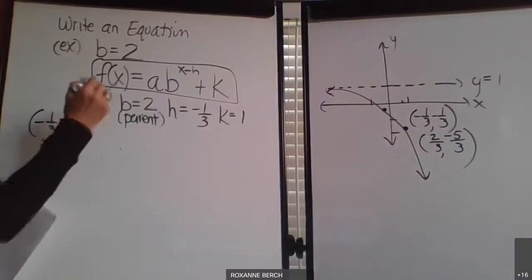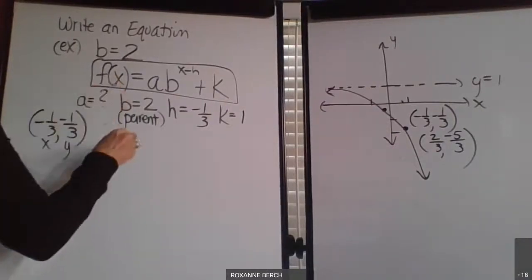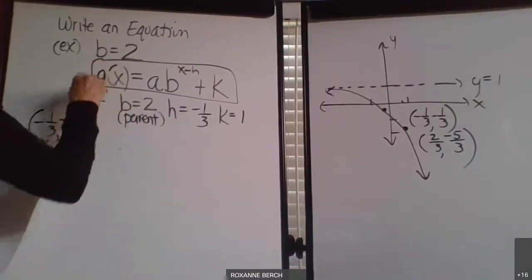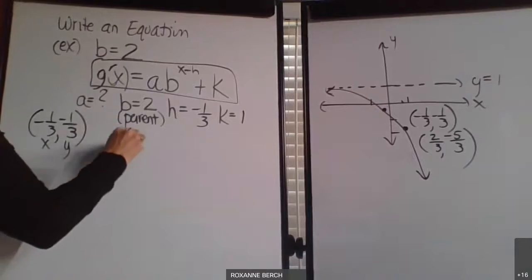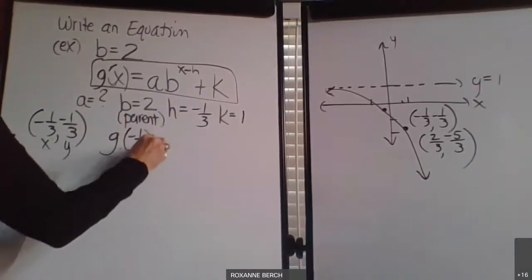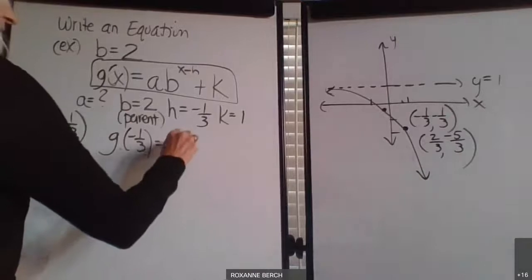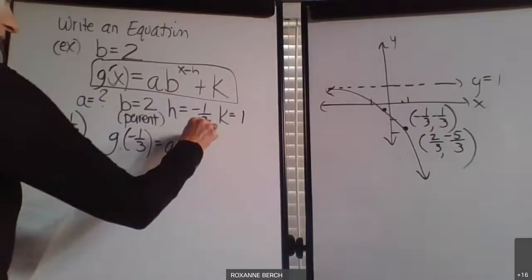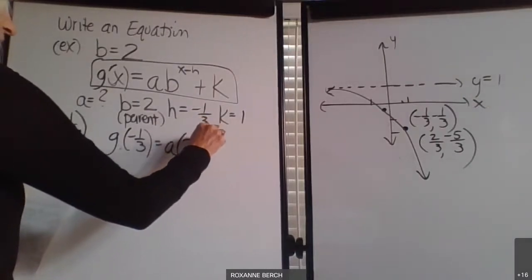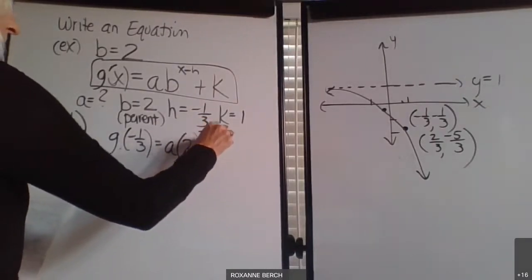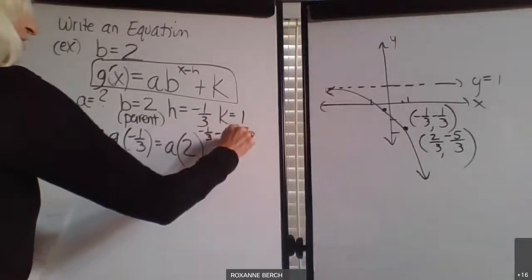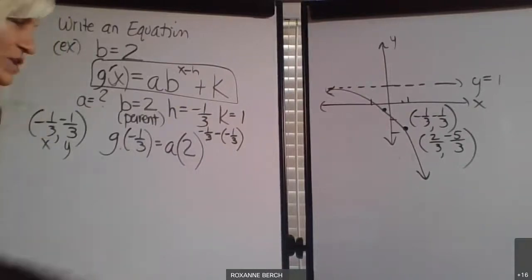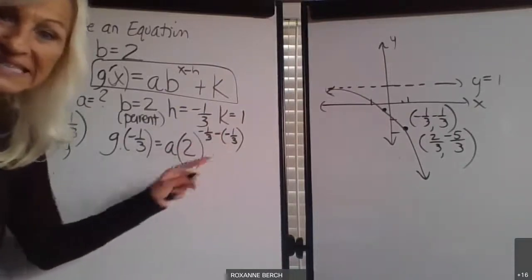Now watch why I did that. We're going to find a. So we have our new function. This should be g of x, by the way. So we have g of negative 1/3, which is your x, is equal to a times the parent to the x, which is negative 1/3, minus h. Now, do you see why I did this? You see how I'm forcing this to be a 0.